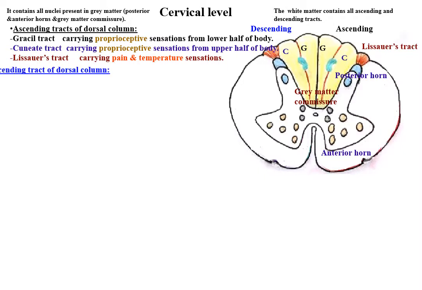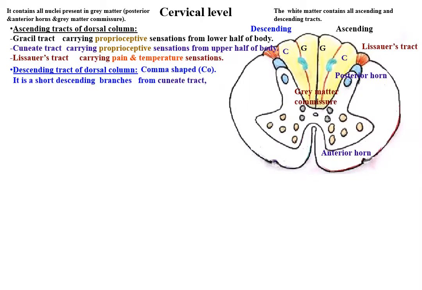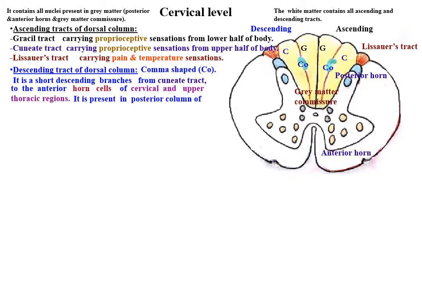Descending tract in the dorsal column is comma-shaped tract, which is a short descending branch from cuneate tract, upper half of the body, to the anterior horn cells of the cervical and upper thoracic segments. It is present in the posterior column of the spinal cord between the gracile and cuneate tracts. It completes the stretch reflex arc.